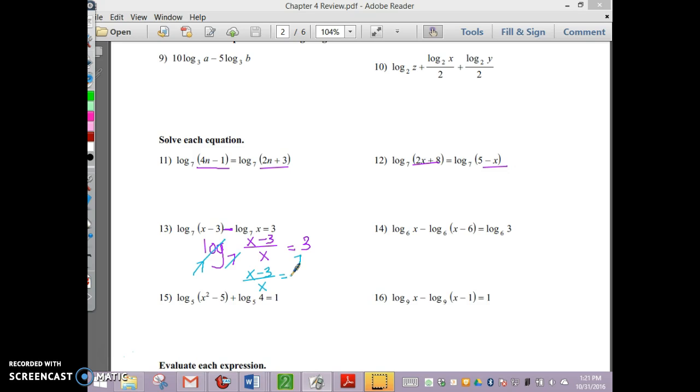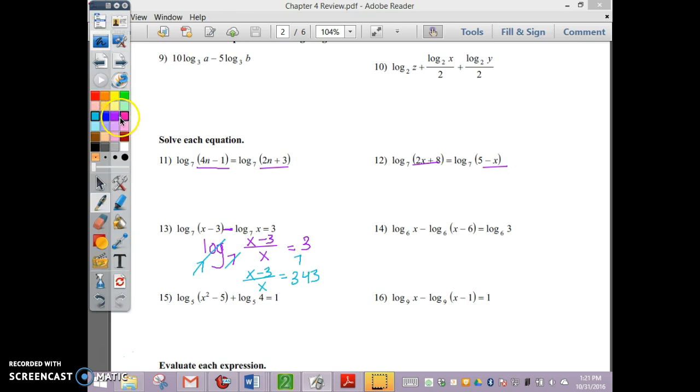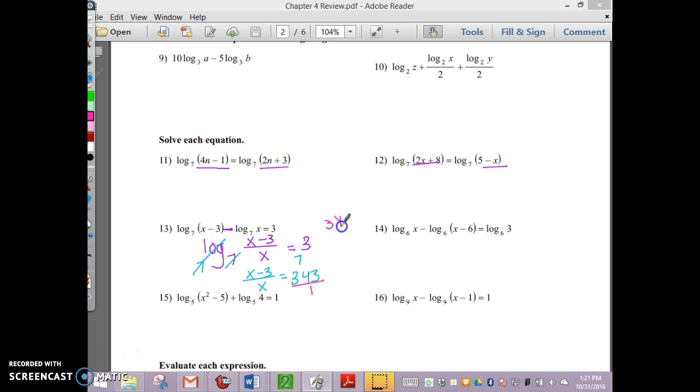Good thing I checked. Cross multiply. So put the 343 over 1, and that's going to give me 343x equals x minus 3. Subtract x from both sides. 342x equals negative 3. So x is negative 3 over 342.